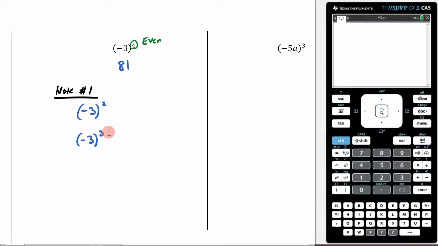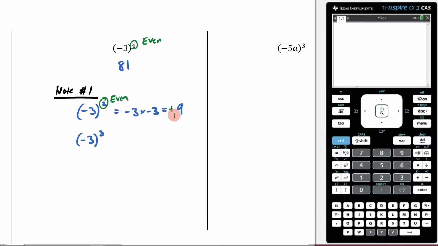Okay, the first thing that we're going to notice is that for this first one, it is even. And let's think about what this means. It means I'm taking negative 3 times negative 3. Now, a negative and a negative make a positive. So this is just going to be positive 9. So as you can see, and this is the important thing, when I raise a negative to an even number, it's going to give me a positive answer.